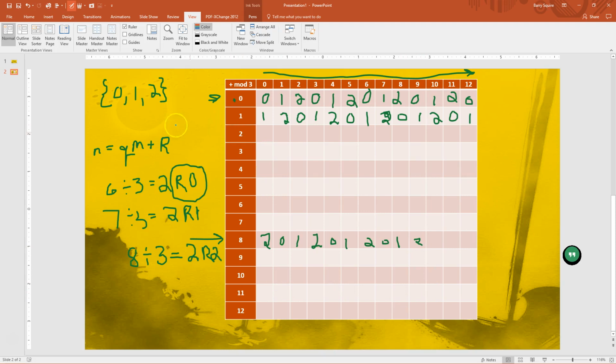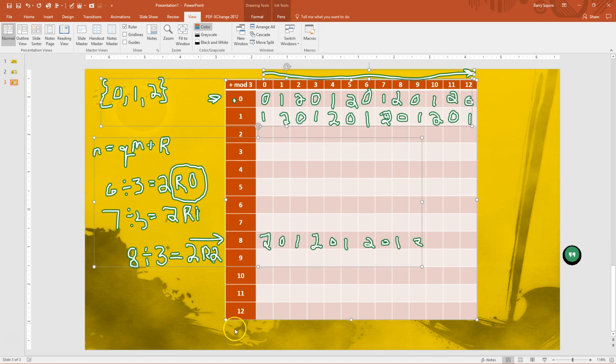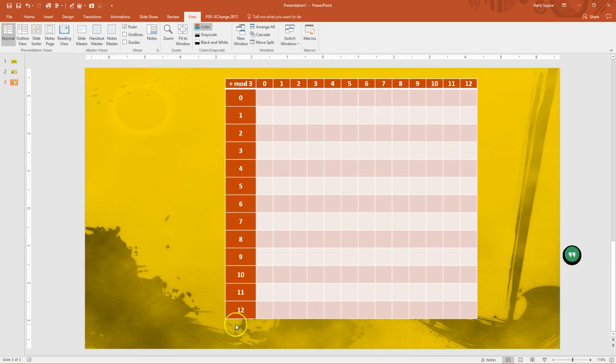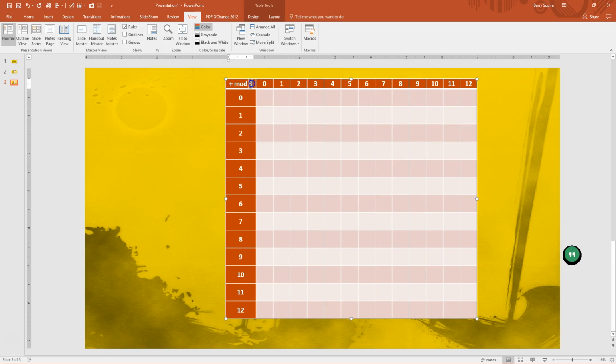Now, I do want to talk a little bit about what happens if we were using a different modulus. I just kind of copied this over. I'm going to erase a lot of this writing here, and I'm going to change my mod to maybe mod 8.